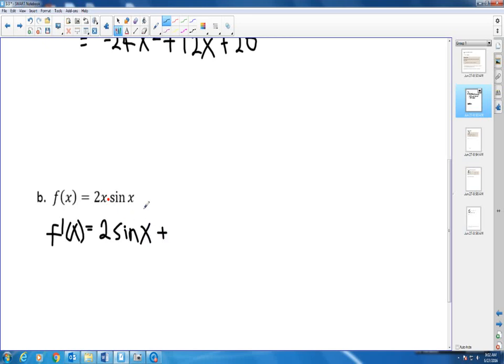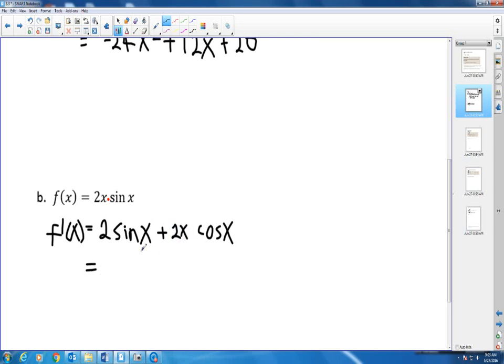plus the derivative of the second, the derivative of sine x. Let me just make sure: the derivative of sine x, I believe, is cosine x. So that would be cosine x, times the first, which is still 2x.